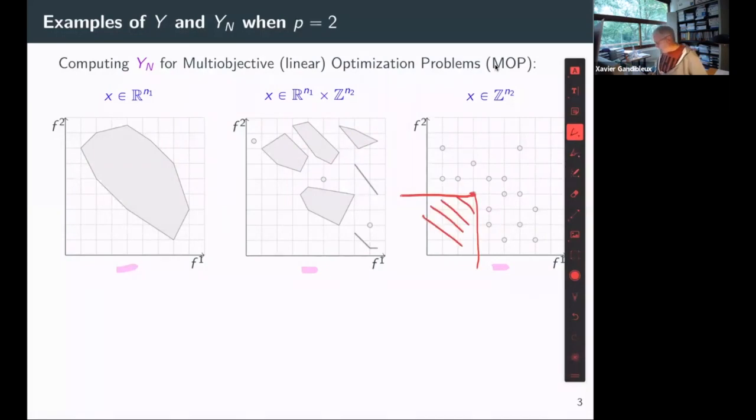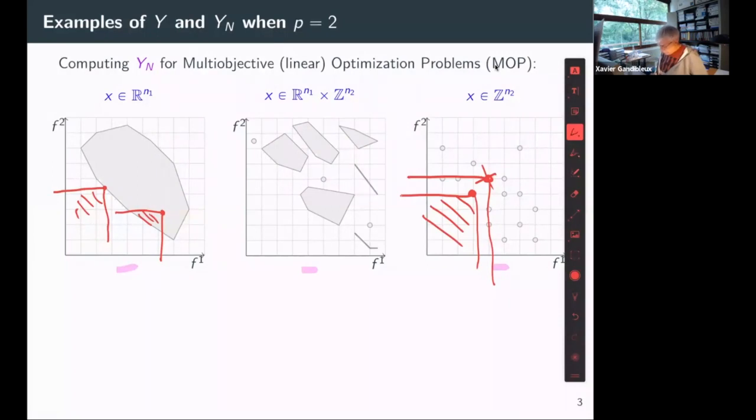If there exists at least one point in the cone, then this one is not non-dominated. Same thing when the variables are continuous: this point is non-dominated, while this one is not non-dominated because we have several points in the cone.